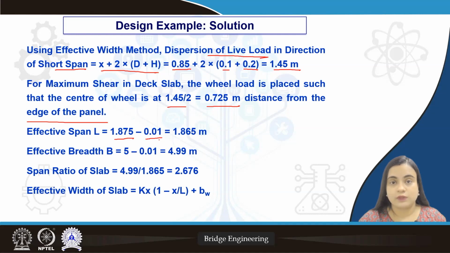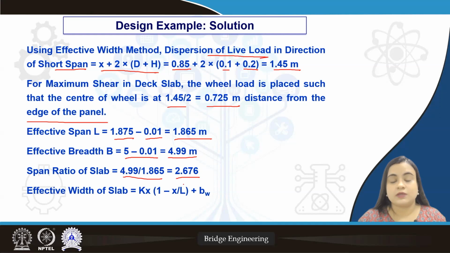The 0.01 meter stands for the girder width, that is equal to 1.865 meter, and effective breadth B equals 5 minus 0.01, that is equal to 4.99 meter. Span ratio of the slab B by L will be 4.99 by 1.865, and that is equal to 2.676.